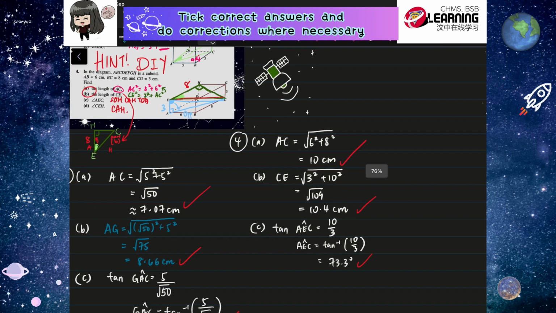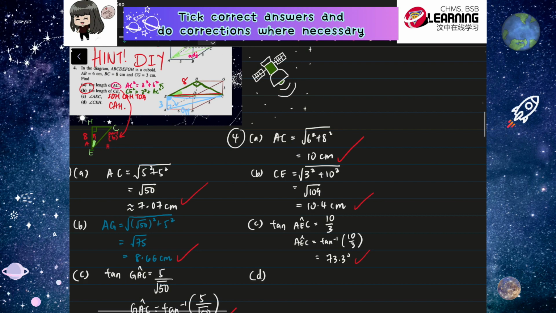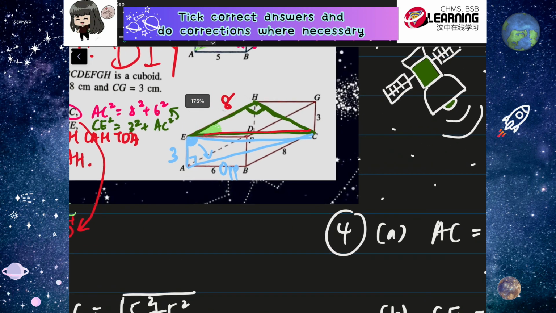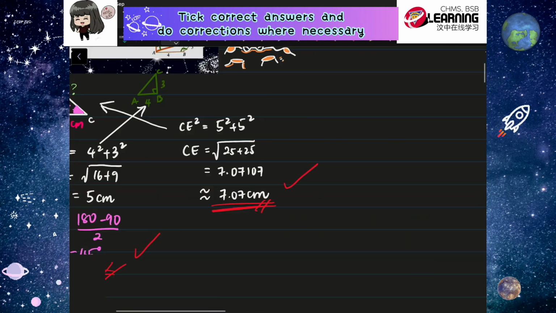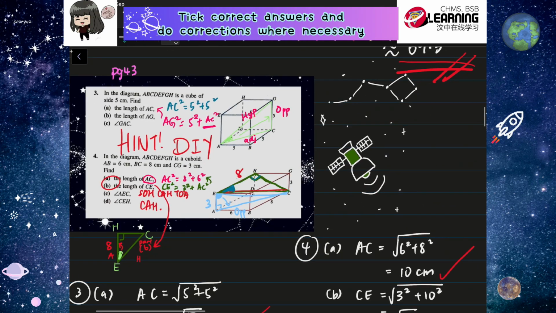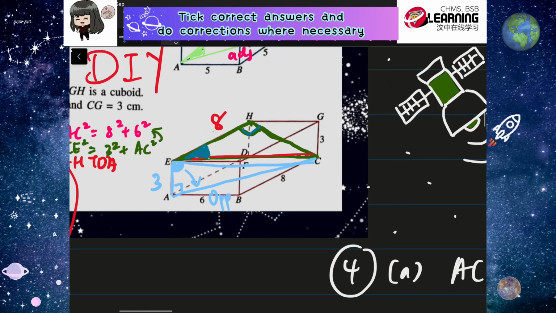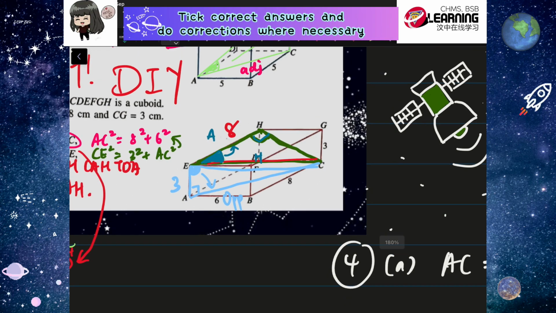And then for the last part, part D, CEH, this is the angle that we need to find. CEH is this, and this is a 90 degree. Because we already have the length of EC just now, this is my adjacent and this is my hypotenuse.